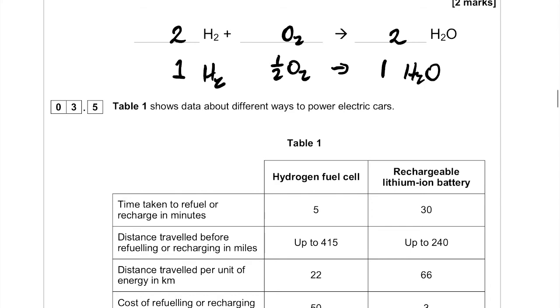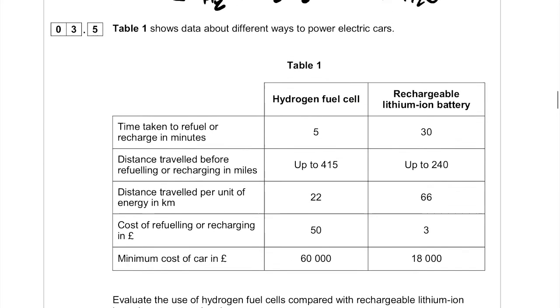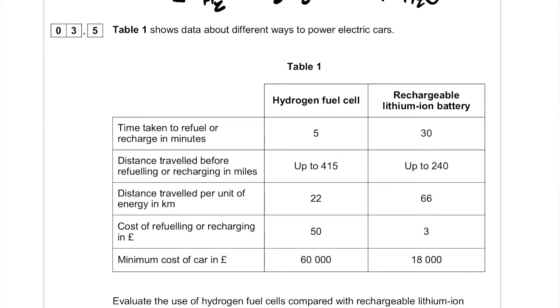We have part 3.5 now. And we have some data about electric cars, with hydrogen fuel cell cars and lithium-ion battery cars. And now we need to talk about the 2 differences.